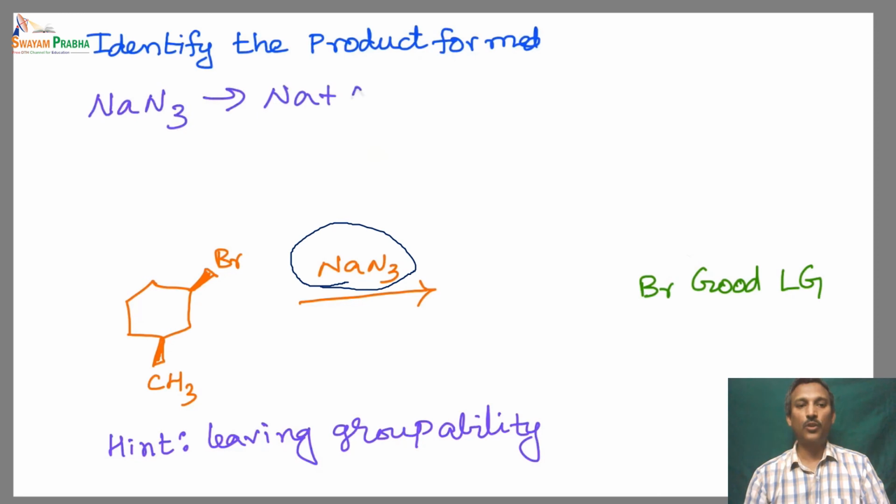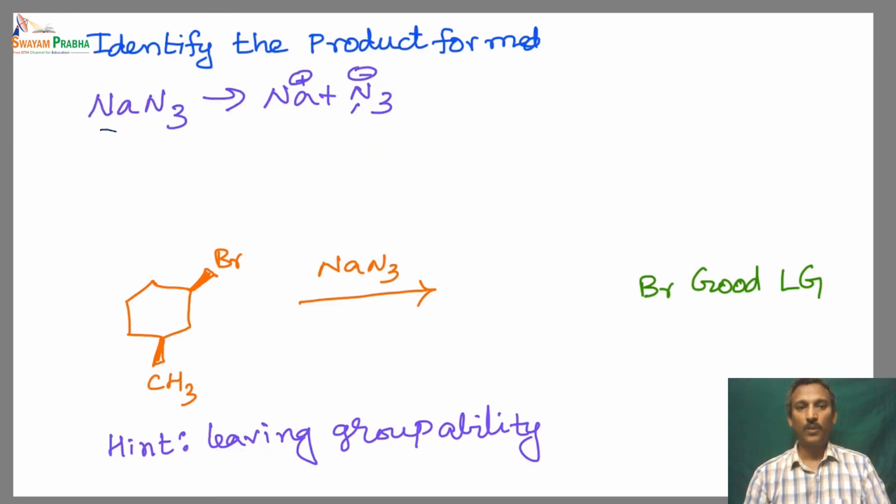So the sodium azide gets converted into Na plus and N3 minus. So this is the first step. In this first step, the azide is the nucleophile for this particular reaction.